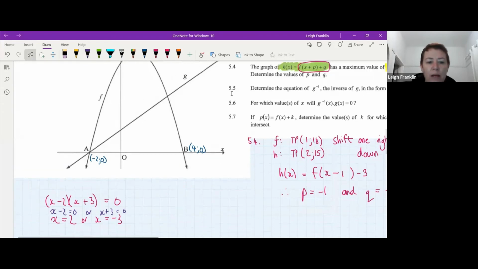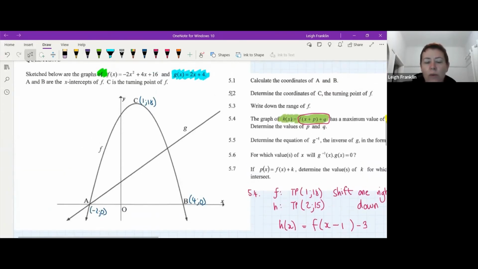So now I'm going to go back to the graph over here. Where would that be? So remember your inverse, I'll just write down the equation for you here. So g of x is 2x plus 4, and the inverse was half x minus 2.